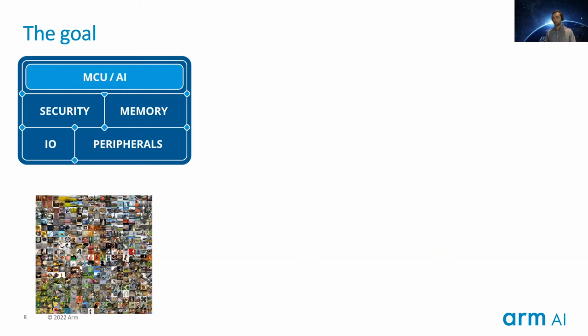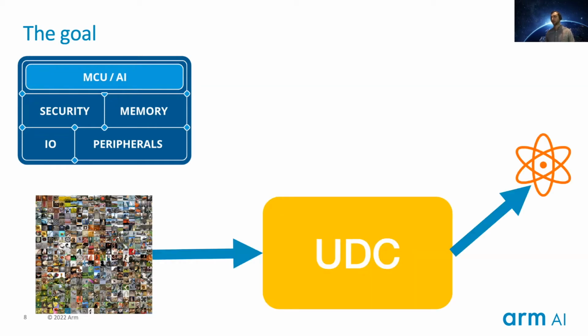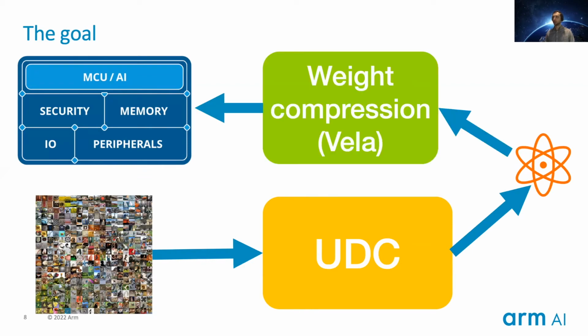So given the hardware and a task, we feed the hardware requirements and the data set to our algorithm, which we call UDC, and it produces a neural network. And this neural network is compressed and then deployed to the actual hardware that we started with. In this case, the compression is done by a special compiler called Vela, which is specialized specifically for the Ethos NPU.